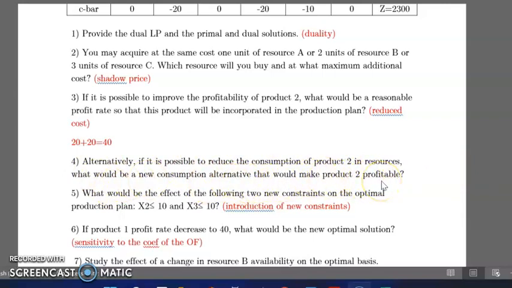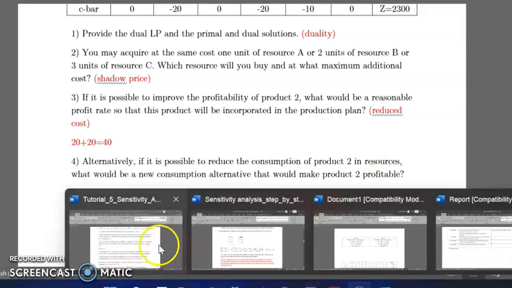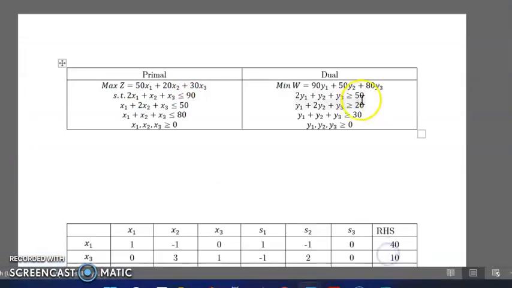So to answer this question, we are going to be looking at the dual LP, and specifically at the second constraint, as it represents the product 2's consumption of each resource. In case this was not obvious to you, you may want to watch the part where we built the dual LP again.